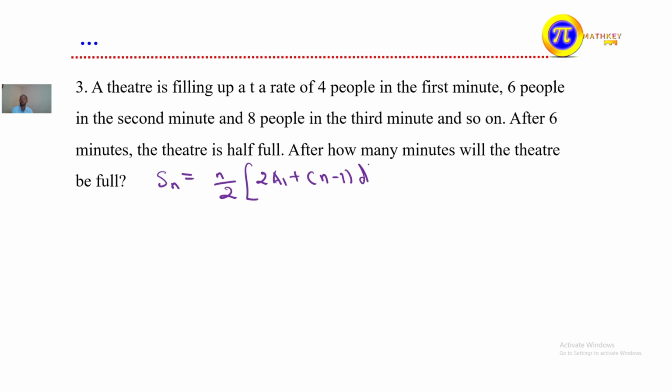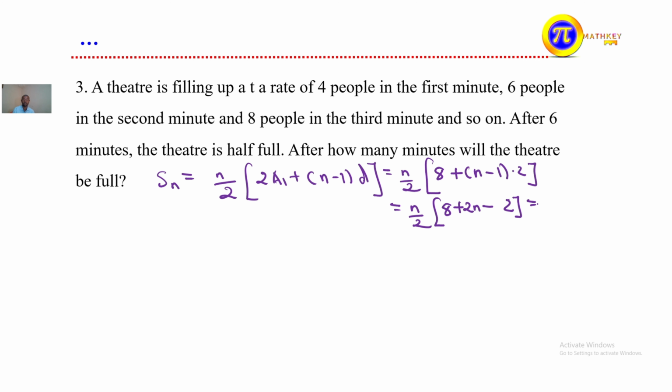Since a1 is 4, twice a1 is 8, plus (n minus 1) times the common difference 2. This equals n over 2 times (8 plus 2n minus 2), and combining constants, 8 minus 2 is 6, plus 2n.